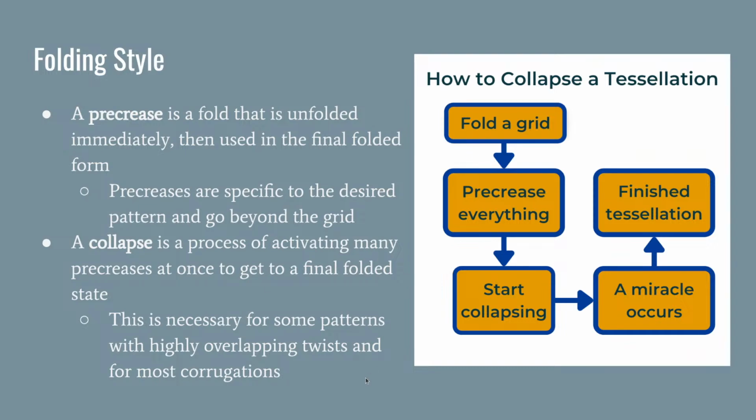This is necessary for some patterns, like corrugations, and also twist-based patterns with highly overlapping twists, or a lot of twists where some of the pleats are flipped in their Mountain Valley assignments.